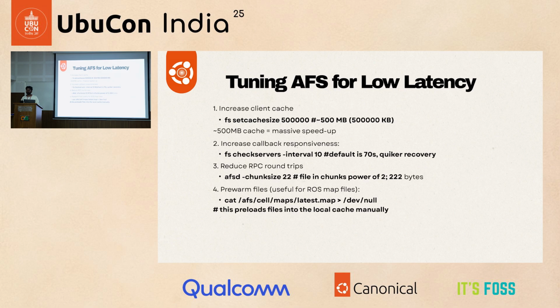Let's say I have a server that goes down at any moment, and I want to check whether the client can handle it if the server is down. Reduce RPC round trips. It's 2 to the power 22 bytes.